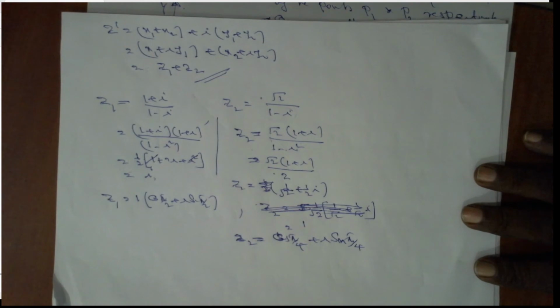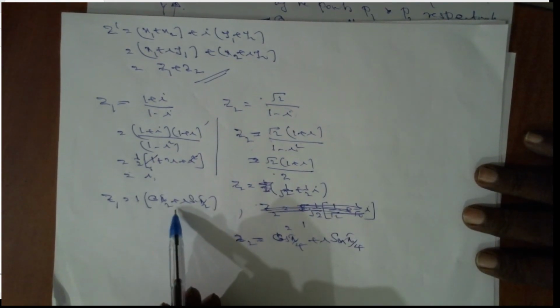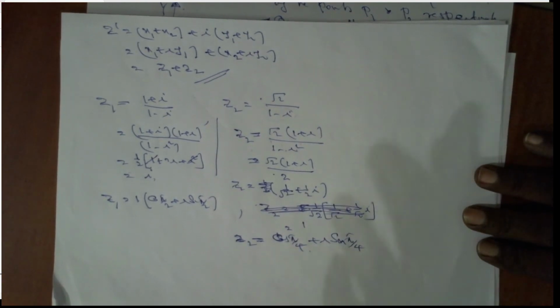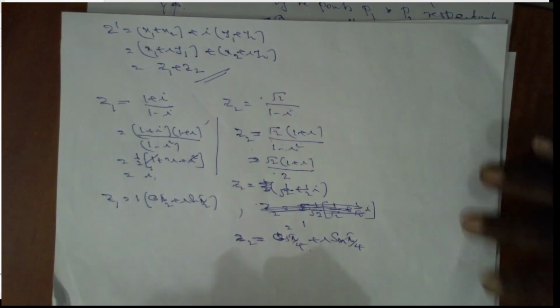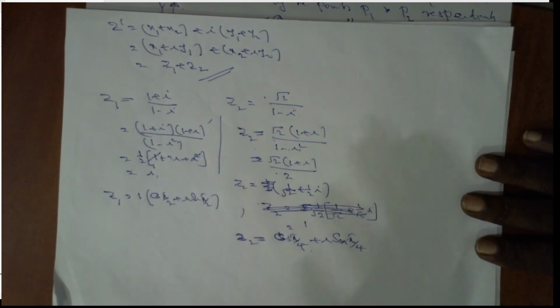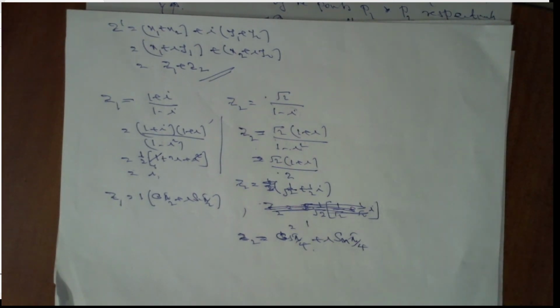C1 and C2 are both equal in magnitude, in modulus, right? Modulus of C1 is 1, modulus of C2 is also 1. That means the lengths of the complex numbers are equal. If you construct the sum of these two complex numbers, what is the shape of the object you obtain?